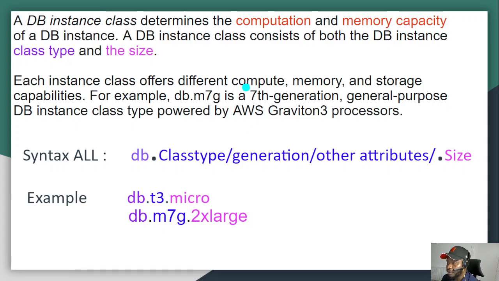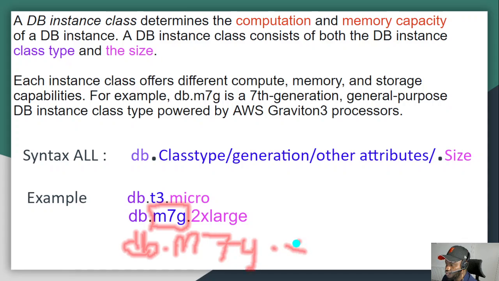For example, you may have an RDS instance class db.m7g, and another one with the same db.m7g but with a different size after the dot.